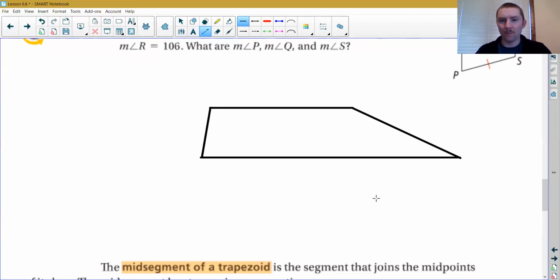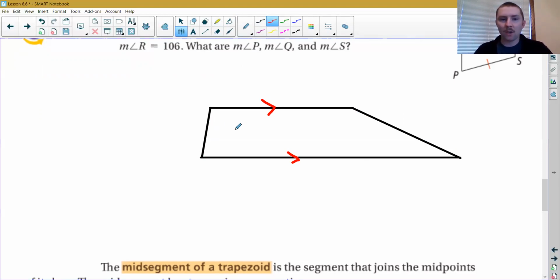Okay, that is a trapezoid, but it's not an isosceles trapezoid, because the legs here and here are not congruent to each other, but this side is parallel to this side, right? So this is a trapezoid, just not an isosceles trapezoid. So now we need to expand our minds to all trapezoids, okay?